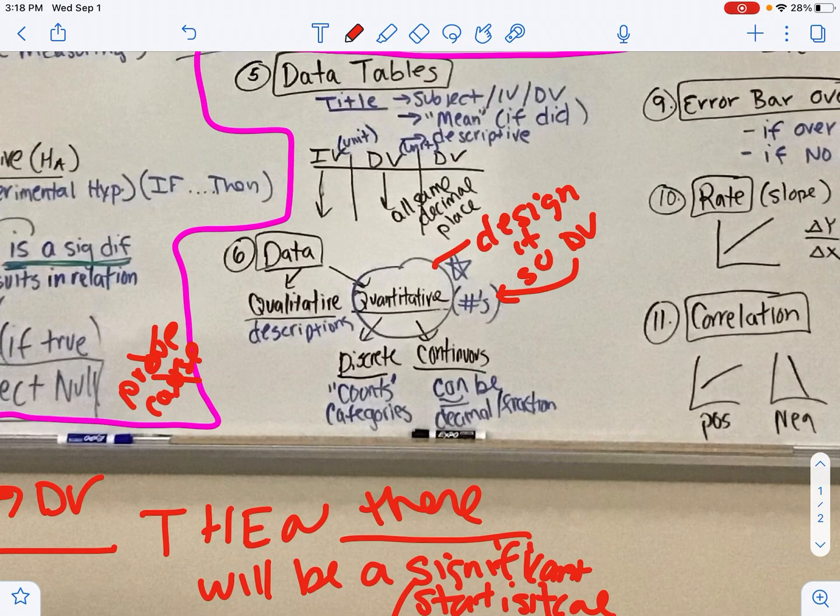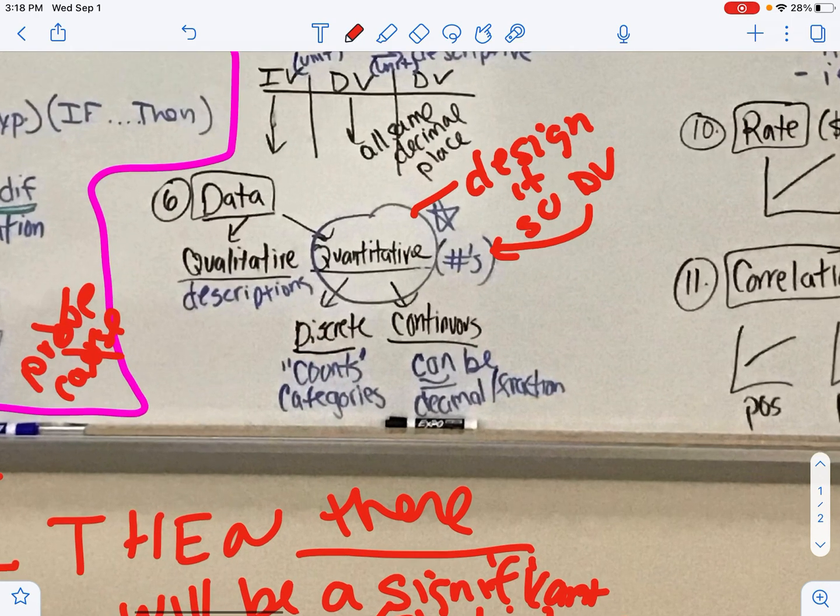And then I think everybody's good with, we did this freshman year. Discrete data is data that's in categories, like not even numbers, like different colors, different rivers, whatever. Or you're counting something, like you're counting how many squirrels are in a forest, and you can't get a decimal or a fraction.